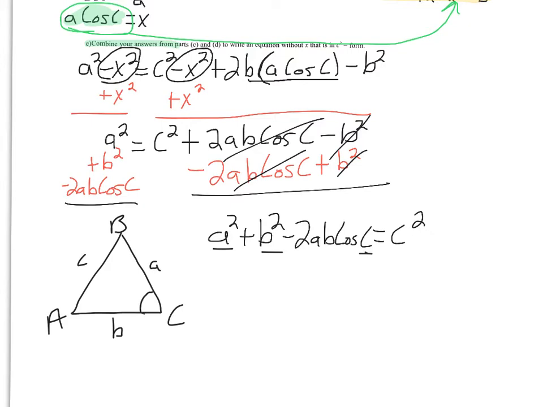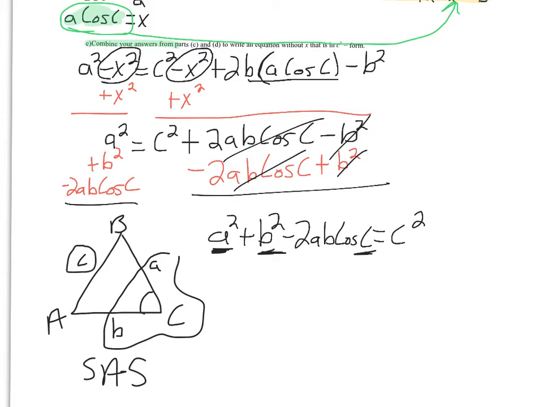And so my side angle side scenario: if I have a side A, side B, and the angle in between, I can use the law of cosines to find the side opposite.